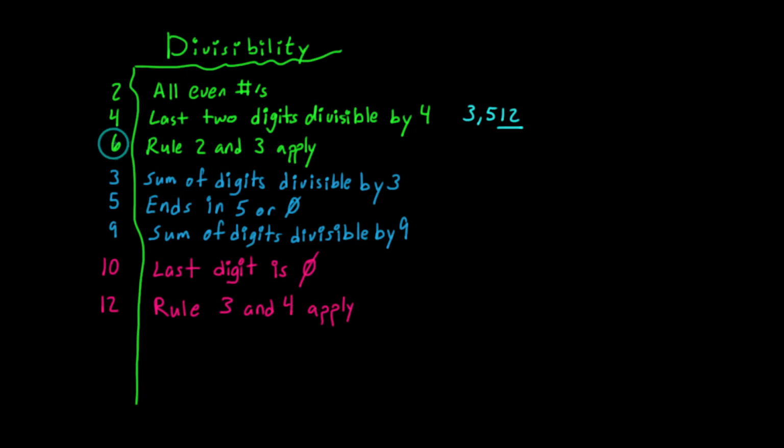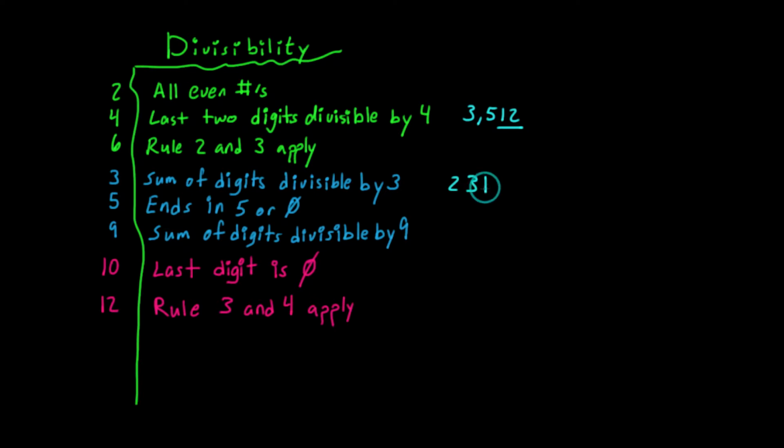The rule of 6 says both rule 2 and rule 3 have to apply. So if either rule 2 or rule 3 doesn't work out, rule 6 won't work either. The rule of 3 says the sum of the digits is divisible by 3. Let me give you an example. What if I had the number 231?